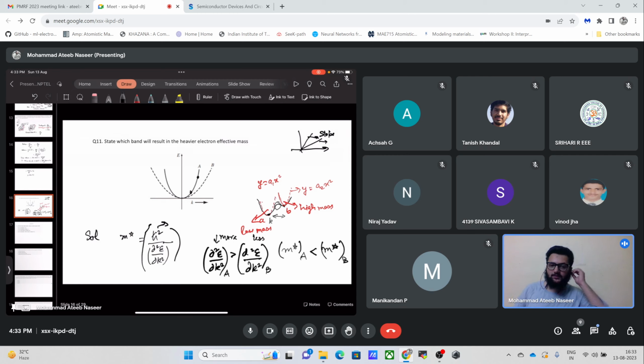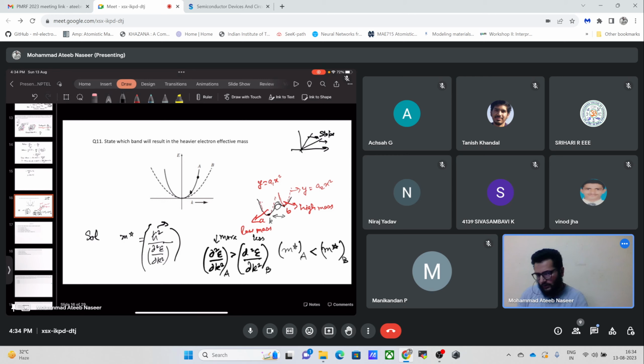Now let's use this simple intuition. The flatter the bands, the more spread in the bands, the more effective mass. If I have a structure like this, it would have more effective mass compared to this steeper one, which means this material will have less effective mass.